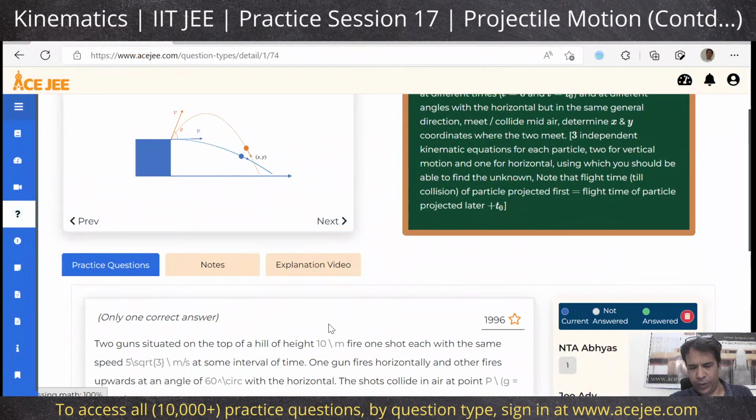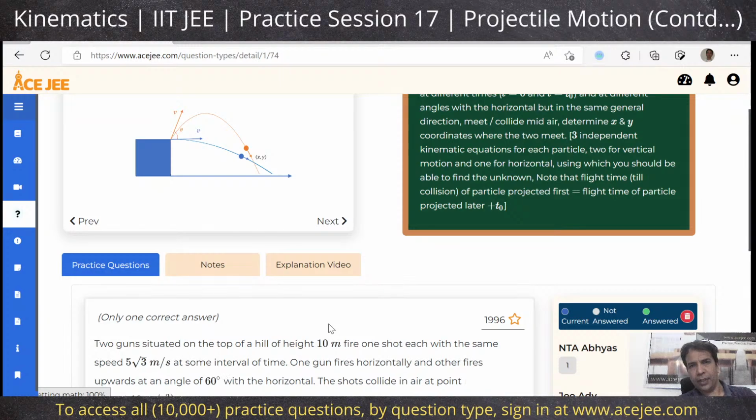Let's move to the next question type. Here we have two particles undergoing collision mid-flight. What is the important thing about such questions? When the two particles meet at some point, let's say xc and yc, these coordinates will satisfy the equation of trajectory for both the particles.